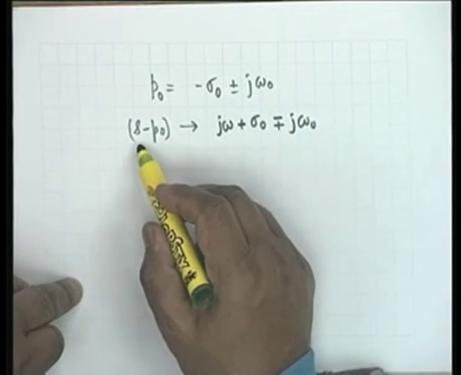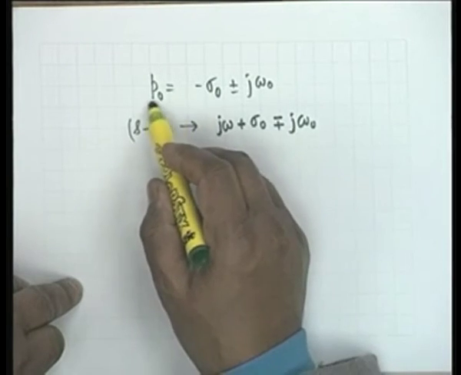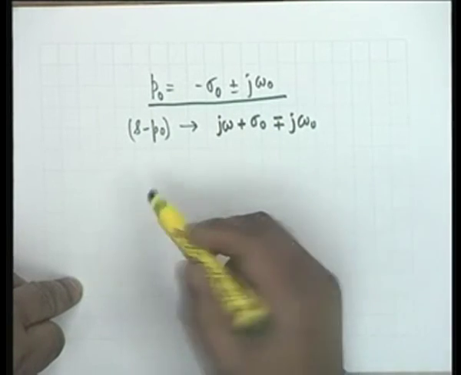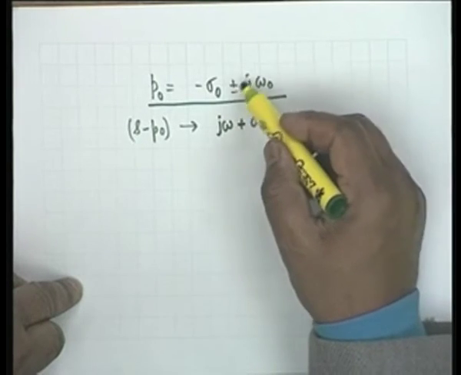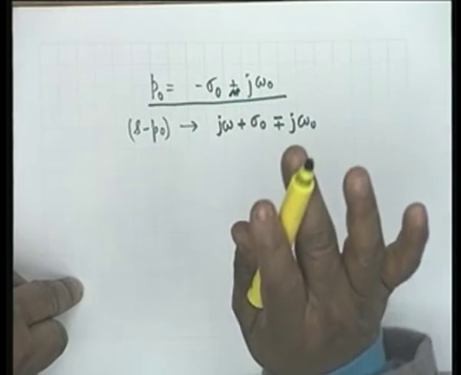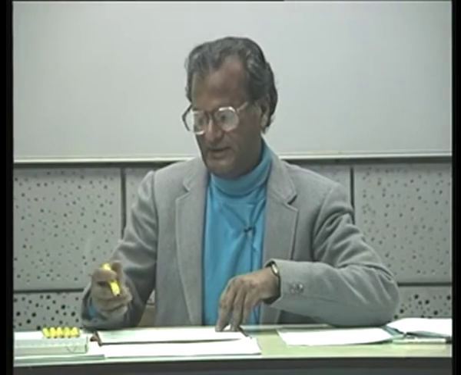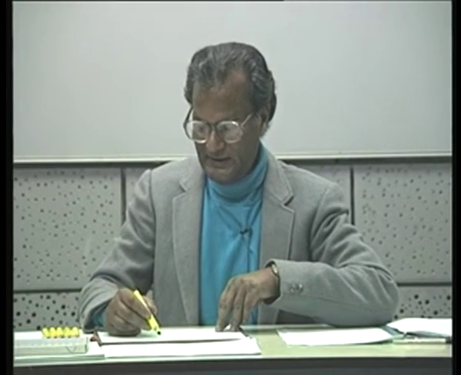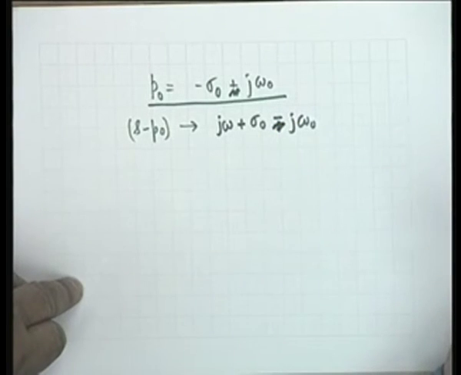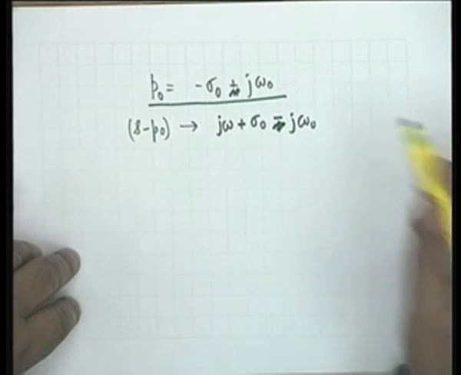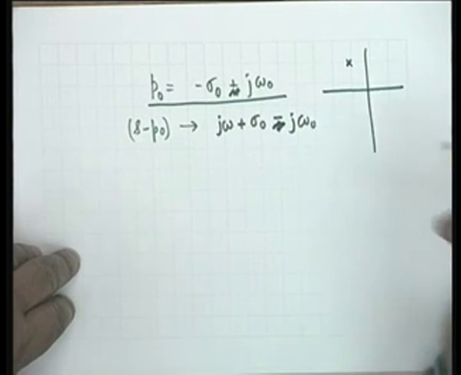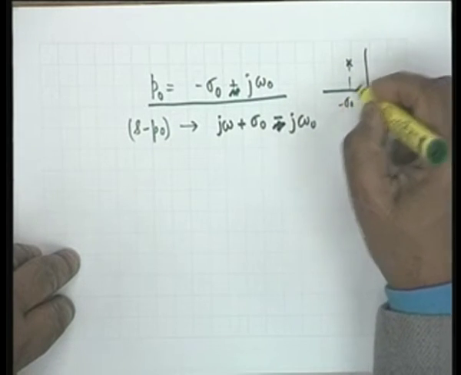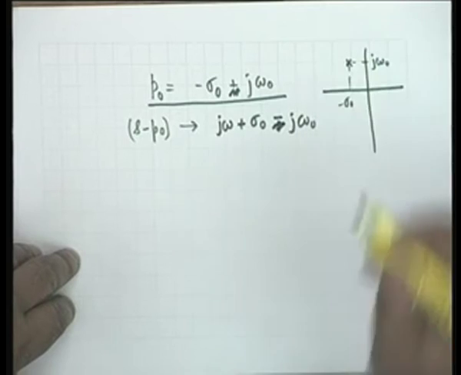The pole factor would be S minus P0. I am considering a particular pole. Well, let us take the plus sign. One particular pole. Its complex conjugate can be treated in the same manner. If it is plus sign here, then this will be minus sign. I am just taking one of the poles, where this is minus sigma_0 and this is j omega_0.